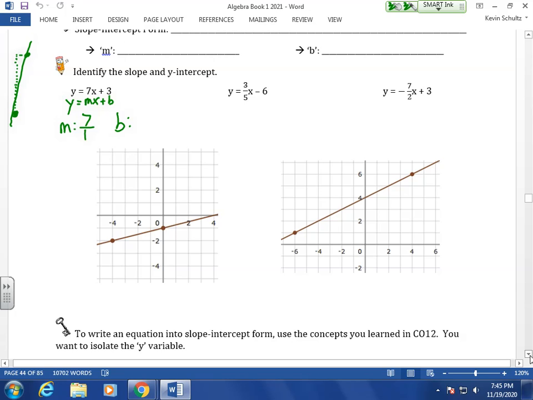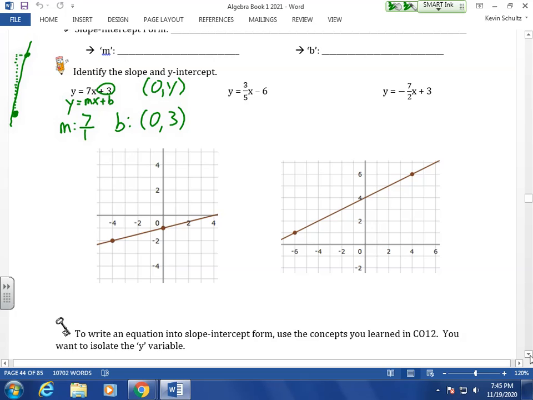Yes, this sign belongs to it, okay? It's positive 3, which means that this line is going to cross the y-axis at 3. And being an ordered pair, we need to write (0, 3), because that is the ordered pair of 3 on the y-axis. For the y-intercept, if you're unfamiliar, the x value will always be 0. And then whatever the y value is, well, that's where it crosses the y-axis.